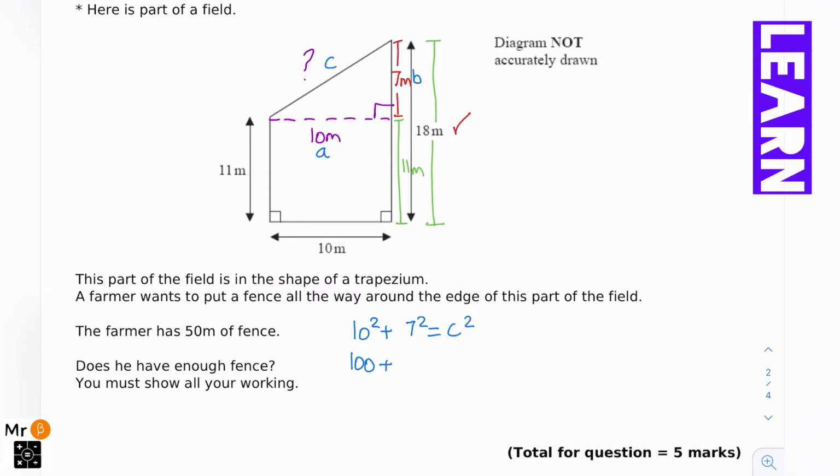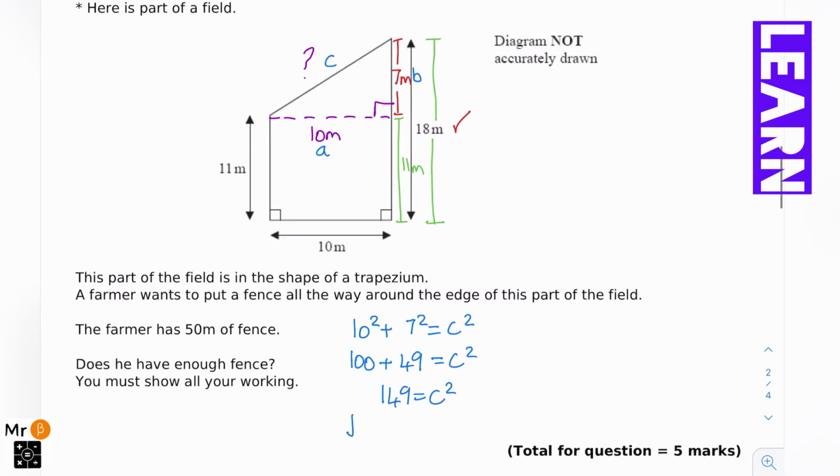Well, 10 squared is 100, 7 squared is 49, so we now know that 149 must be C squared. We always have to remember to square root our answer here. So we need to do the square root of 149 to work out what C is, which in this case is 12.206.